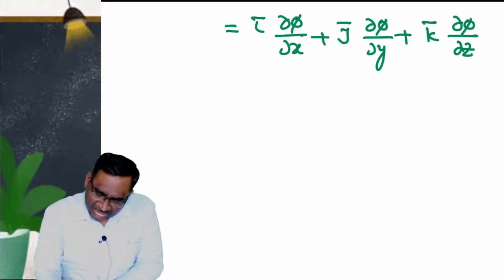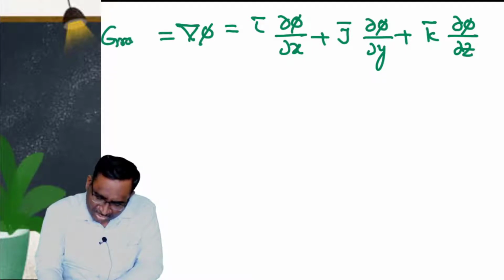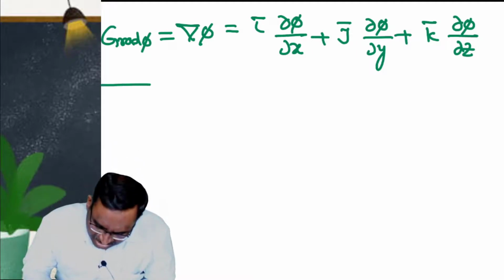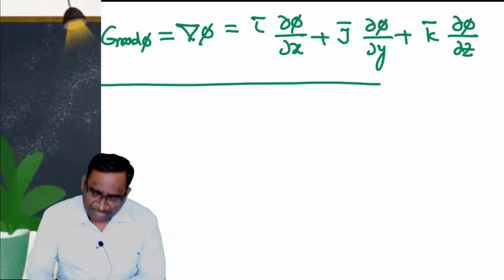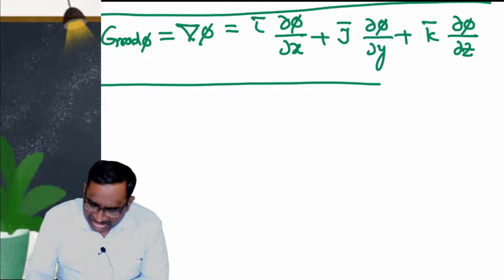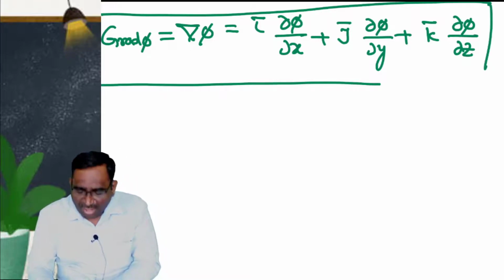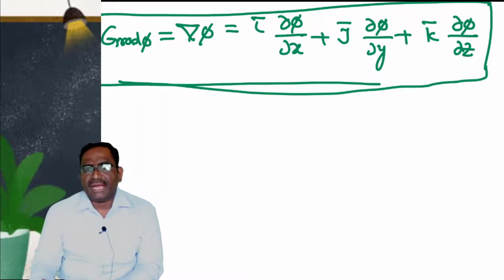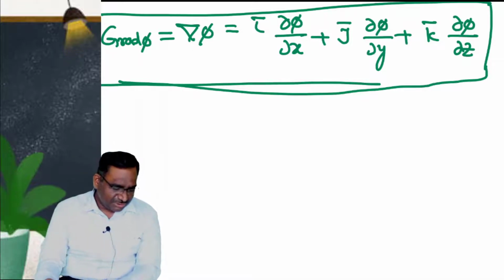This is called del phi, also called grad phi. This is the definition of the gradient of a scalar point function.